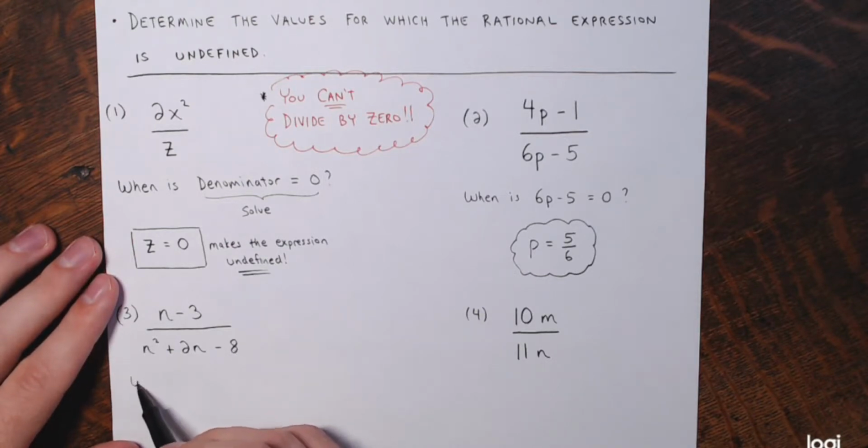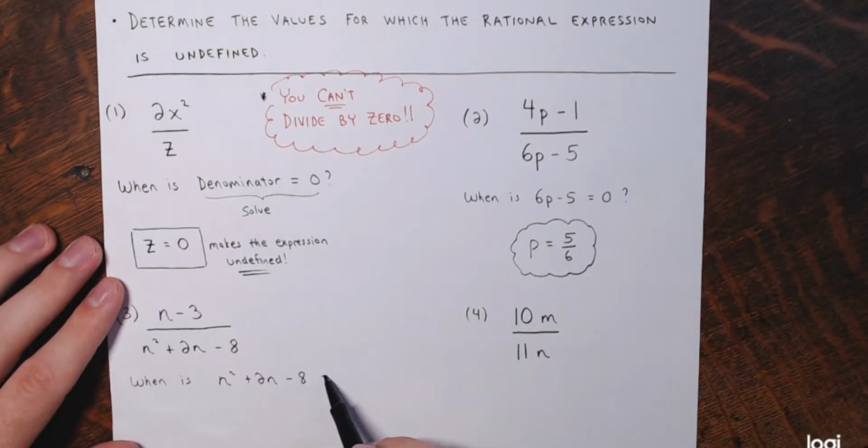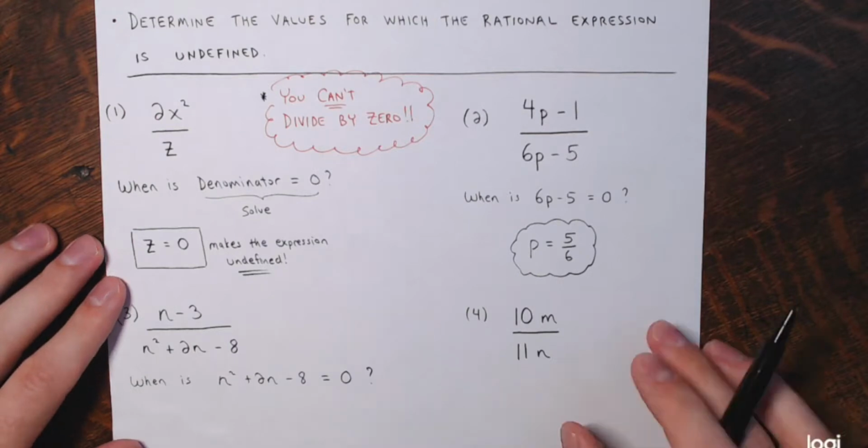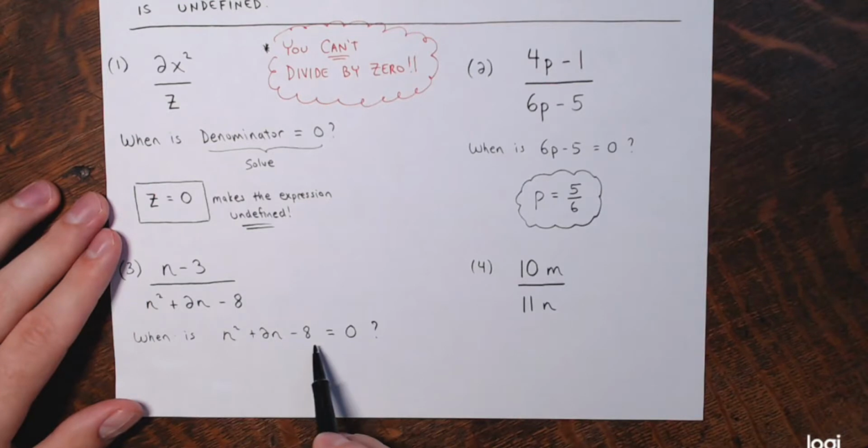Our question is always going to be, for this kind of problem, when is the denominator n squared plus 2n minus 8 equal to 0? And whatever values solve this equation, those are values I can't plug into the fraction because I'll be dividing by 0. Alright, so this is a polynomial equation.